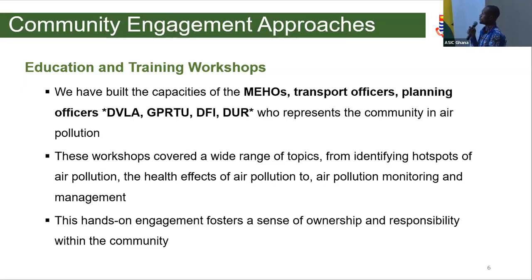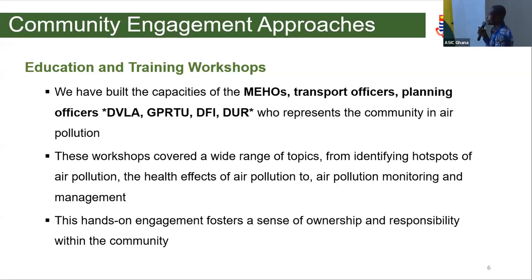So in view of that, we've built the capacities of the municipal health and environmental officers of these beneficiary assemblies, and then the transport officers, the planning officers, and then we have plans to also build the capacity of these officers from DVLA, that's the Driver and Vehicular Licensing Authority in Ghana, and then the GPRTU, which is the body in charge of transportation in Ghana, and then DFIU, the Department of Factories, and then Department of Urban Roads.